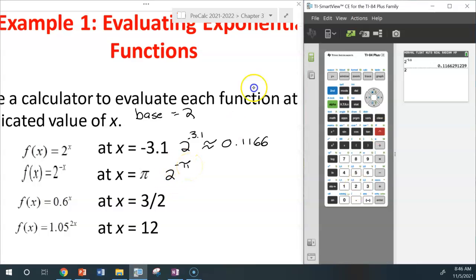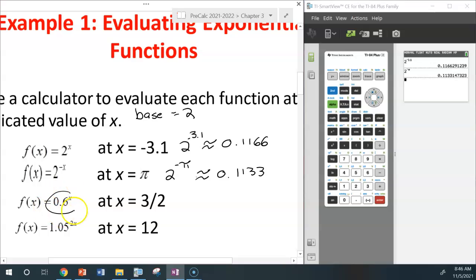Next, we're going to do 2 to the negative pi. So 2, caret, negative pi, and we get 0.1133. Next one is 0.6 to the x. So we're going to do 0.6 raised to the 3/2, just like this. There's your 0.6, raise that to the 3/2.